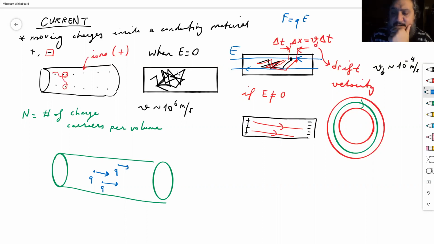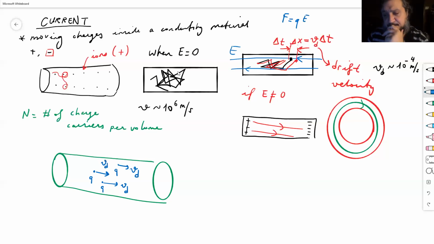These arrows now represent the drift velocity. I know that the actual movement of the electrons is these zigzags, but since I came up with this idea of a drift velocity, let's stick with that, Vd. This is the drift velocity of each charge carrier.